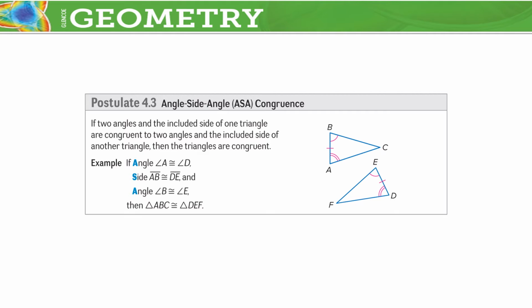So for two triangles, angle A equals angle E, angle B equals angle D, and side AB equals side ED. Then two triangles are congruent, and your case is called angle side angle.